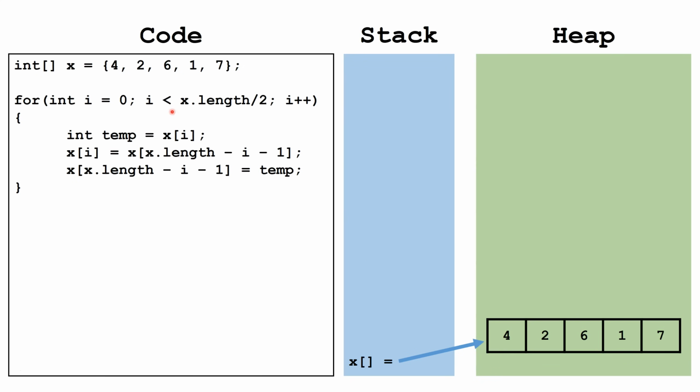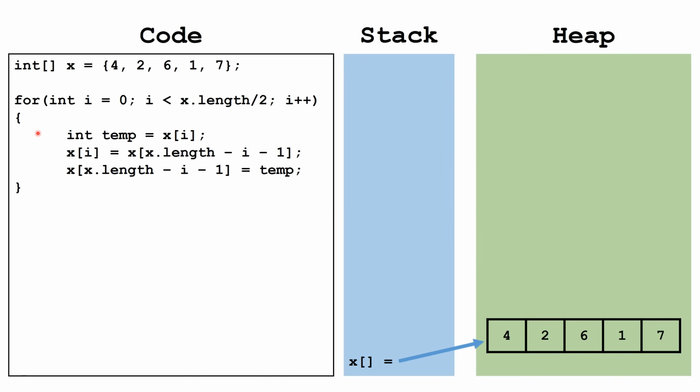Next, we go through half the array. X.length divided by 2, in this case, is 2 because an array of size 5 divided by 2 is 2.5. However, with int division, we lose the decimal portion of the number. At the end of the loop, we increment the counter variable I by 1.